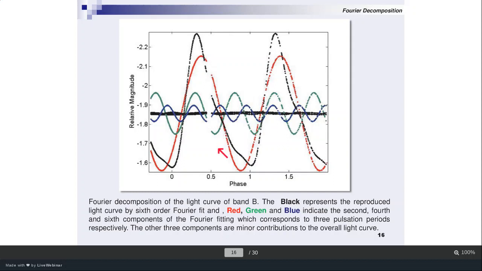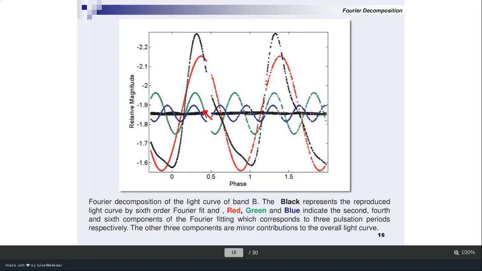And when you decompose it to find out the frequencies within the light curve, you can see the main frequency in red, and some other frequencies in green and blue, as well as some minor frequencies in this light curve. So this is the Fourier decomposition of the light curve of acetylene.